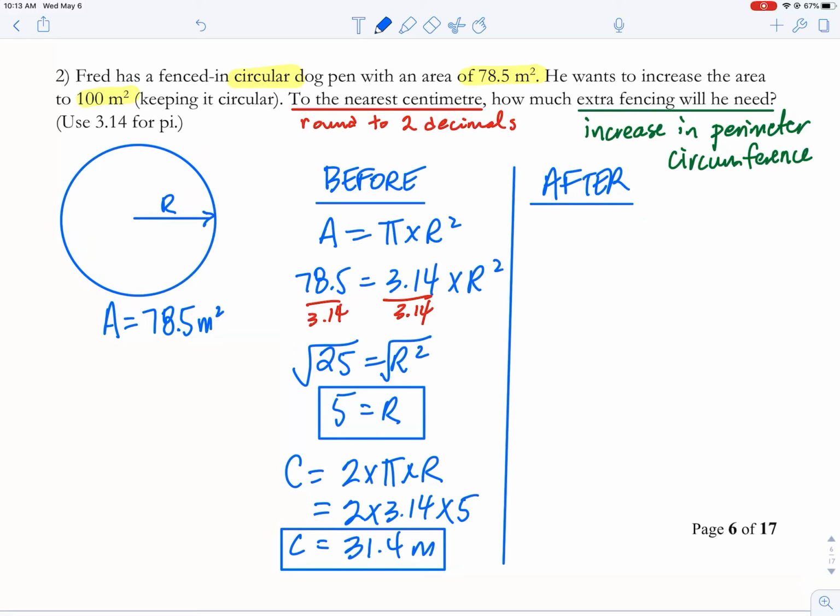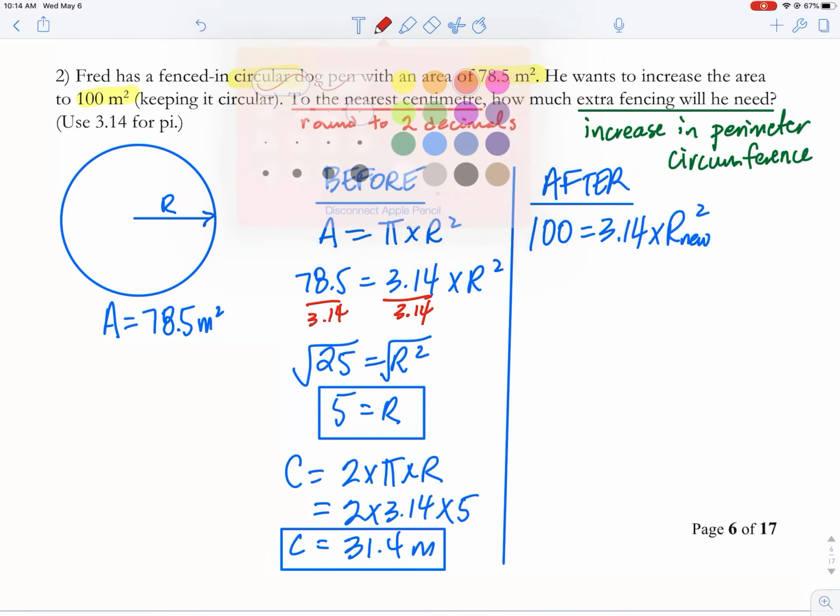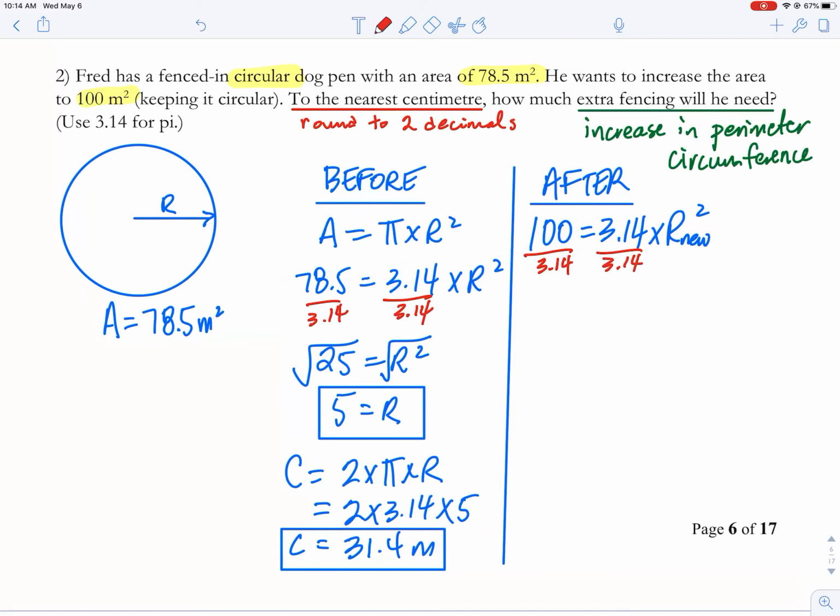And once it's bigger, we know that we want the area to be 100. So 100 is going to be 3.14 times my new radius squared. Divide both sides by 3.14 because I want to find out what that new radius is going to be. And I get 31.85 equals my new radius squared.